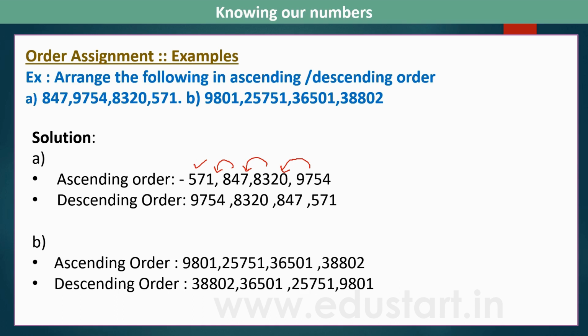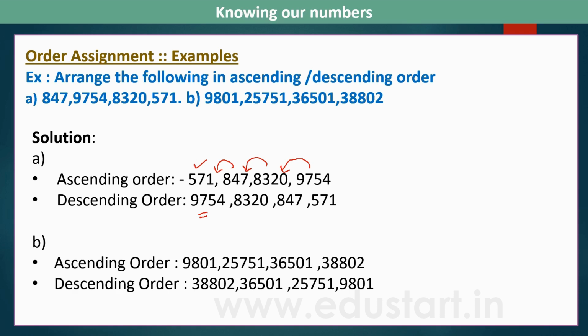If you are going to write in the descending order, it is exactly the opposite of what we have written in the ascending order. It means that the biggest number should come first. So 9754, 8320, 847 and 571. So this is the sequence. This is clear?